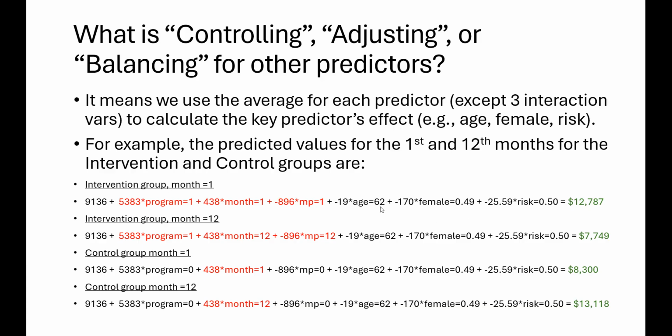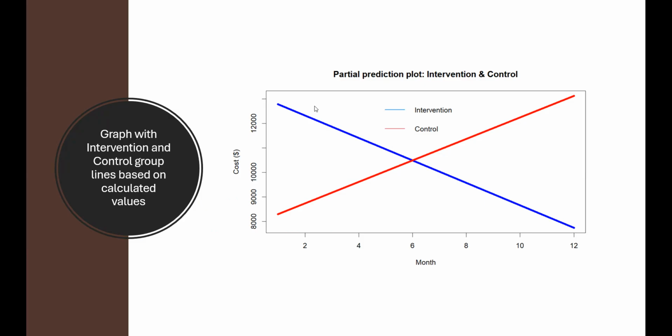So when we calculate the effect of our intervention program, we're holding these values constant. It's a little vague, but this is what it actually means mathematically. And so we can then calculate these graphs that show the trends, the trend lines.